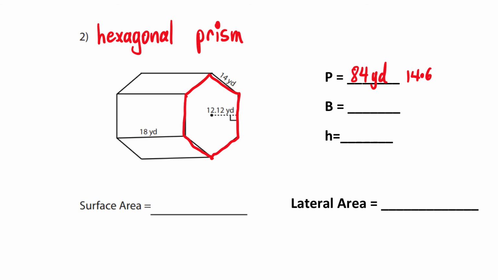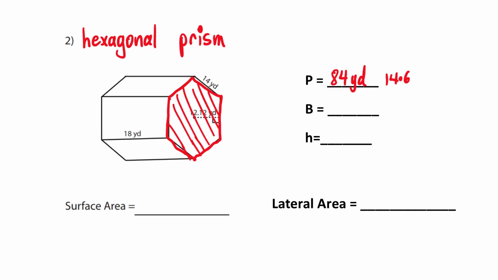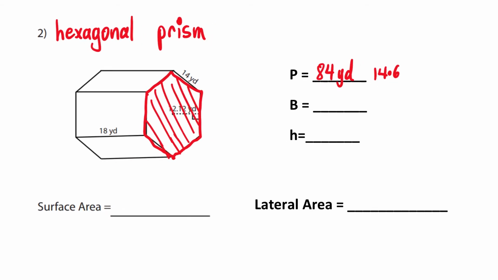Now what does capital B stand for? Area of the base. So I want to find the area of this hexagon. So how do I find the area of this regular hexagon? Okay, good. The apothem times the perimeter divided by 2. So how long is the apothem of that hexagon? It's 12.12 right here.